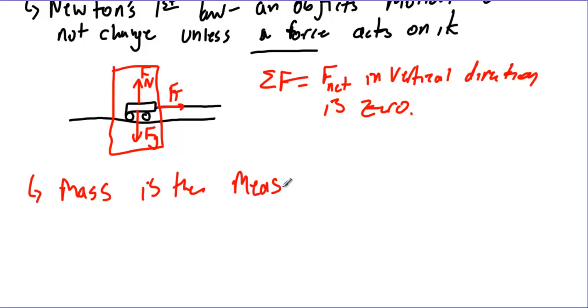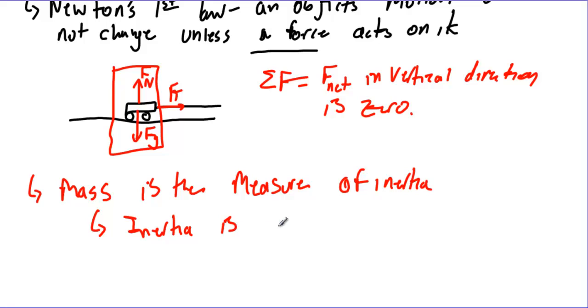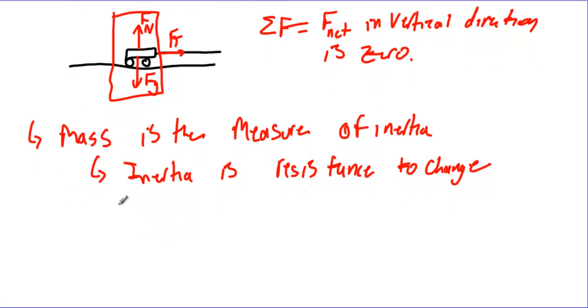And if you recall from your freshman year, inertia is resistance to change. So the more mass something has, the harder it is to change its motion. The less mass something has, the easier it is to change its motion, which is really what Newton's second law says. And so this was also sort of the second part of that.